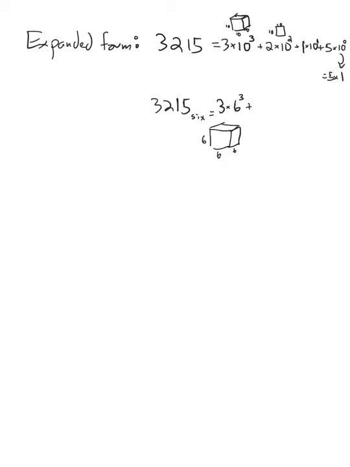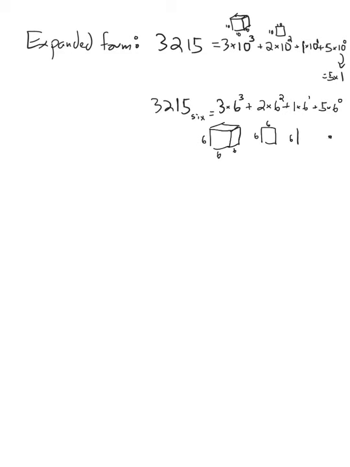And then we have 2 squares, and our squares are 6 by 6 because we're in base 6. We have one long piece, and a long piece is just made up of 6 ones. And we have 5 ones, of course, which is just 6 to the 0.